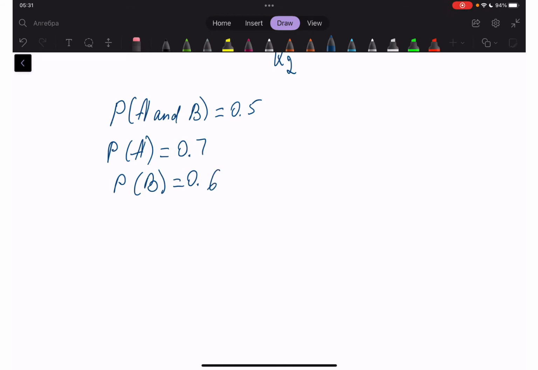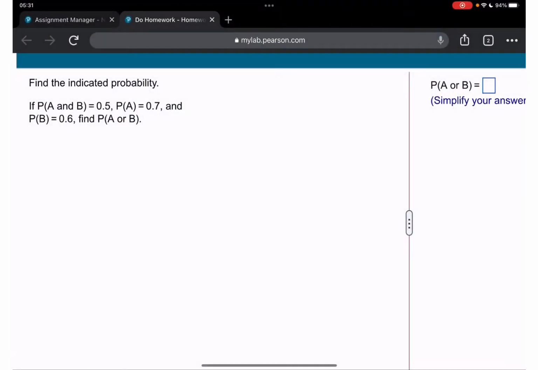So what do we need to find out? We need to figure out the probability of A or B.